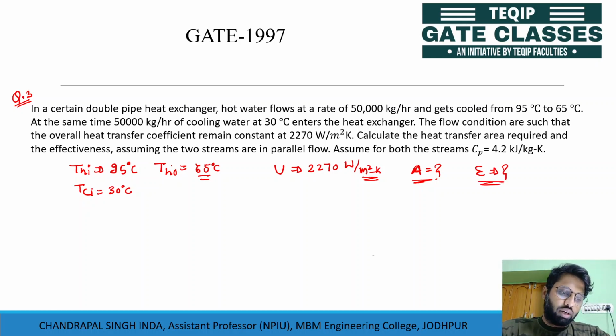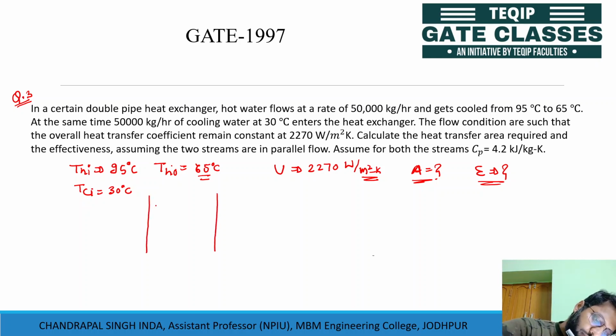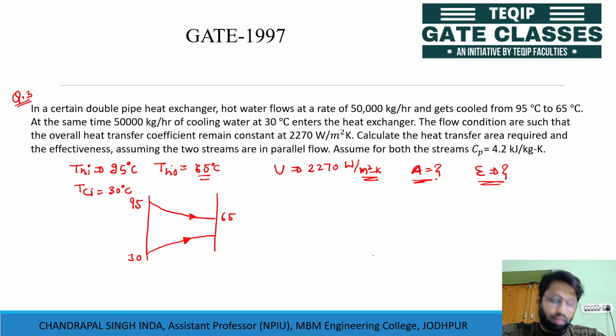Assuming the two streams are in parallel flow, and assume both the fluid streams have the same specific heat. So it is a parallel flow heat exchanger, with hot fluid entering at 95, exiting at 65, and cold fluid entering at 30 degrees.